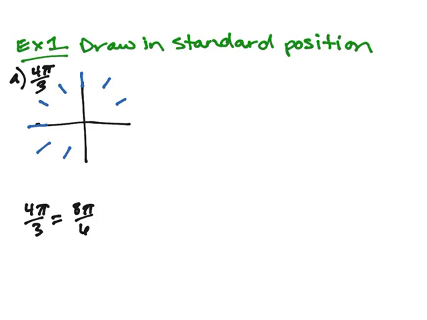So we start our angle on the x-axis. We draw the terminal side where I just figured it out by counting around. And then we need an arrow to indicate that I went in the positive or counterclockwise direction.